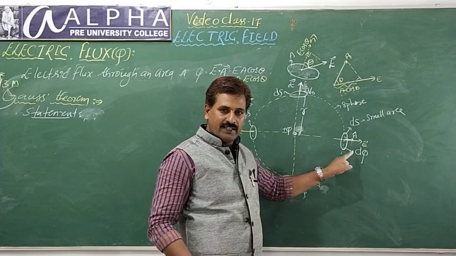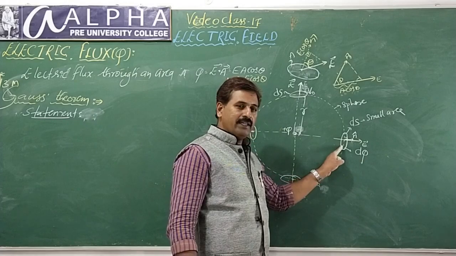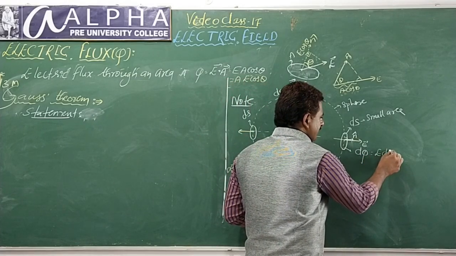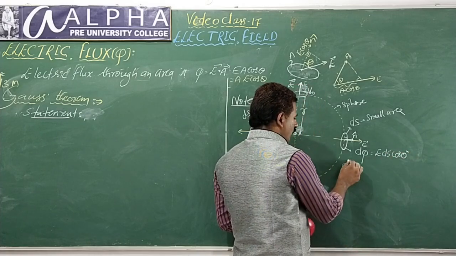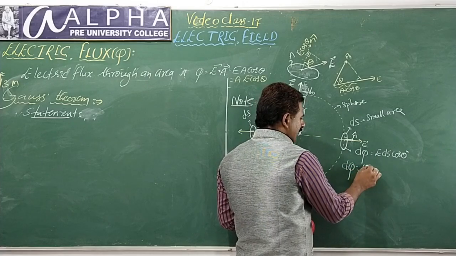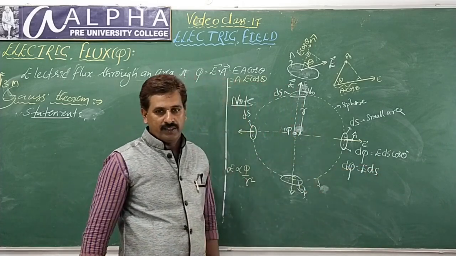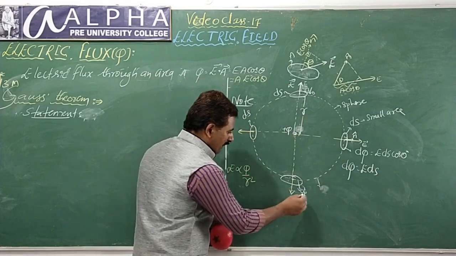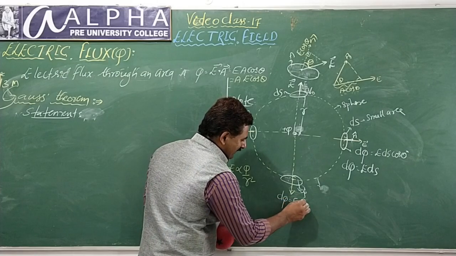Phi is flux, d implies very small. Why very small flux? Small area. So I can write E dS cos theta. What is theta here? 0 degrees. Therefore, d phi here is E into dS, electric field value into area. Theta is 0. What is cos 0? 1. Same story. Flux here, d phi, is E dS.